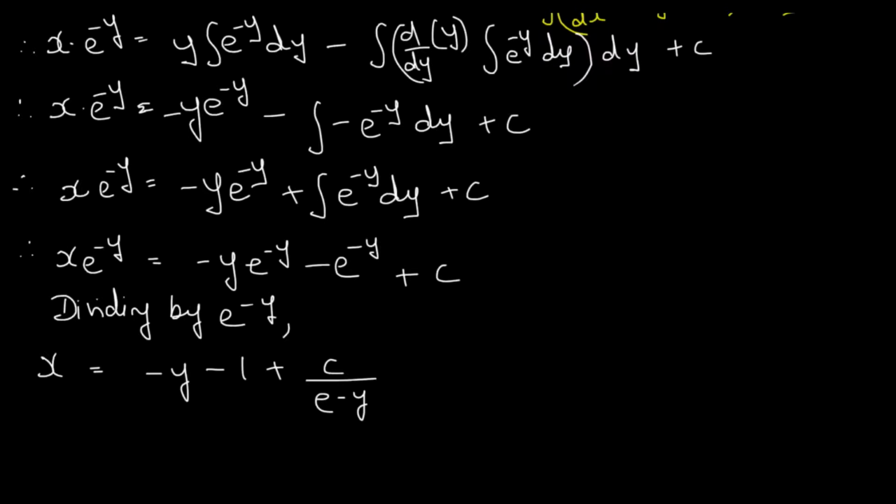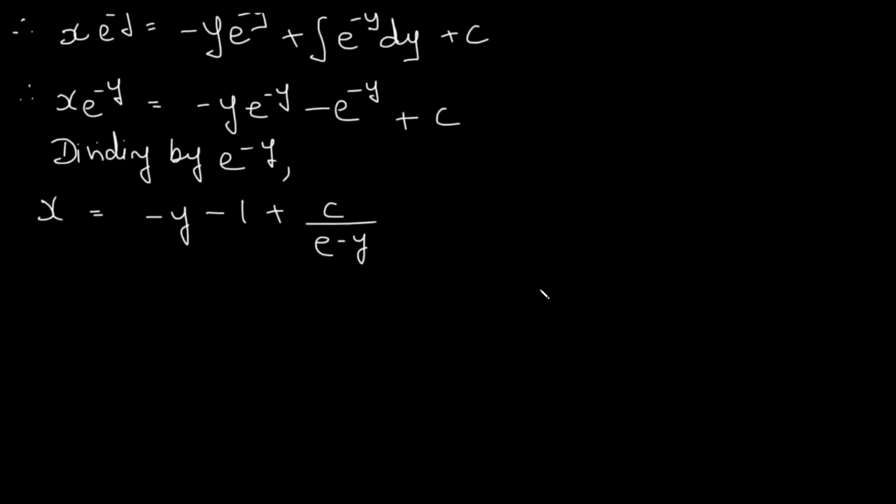Then in the last step, we bring both these terms to the LHS and e raised to minus y to the numerator. So therefore we get x plus y plus 1 is equal to c e raised to y. So this becomes our answer for this particular sum.